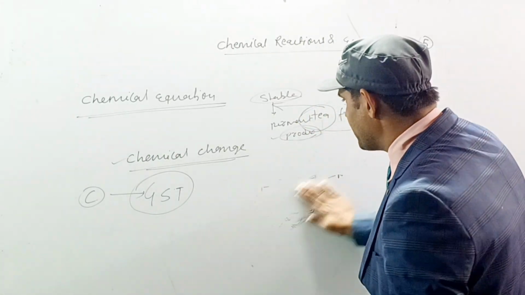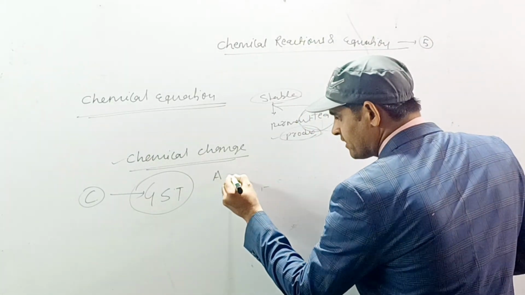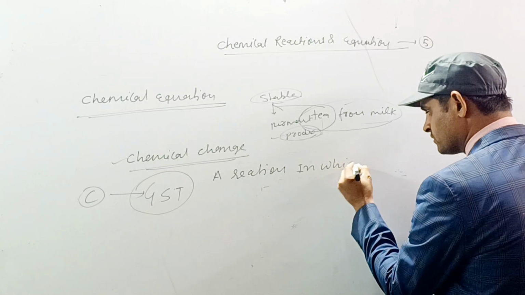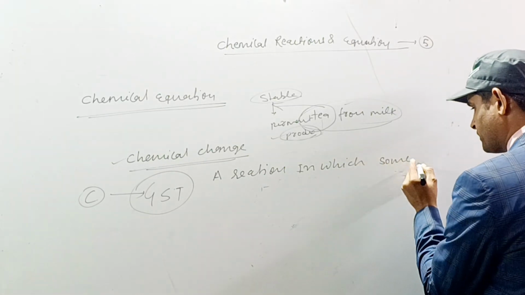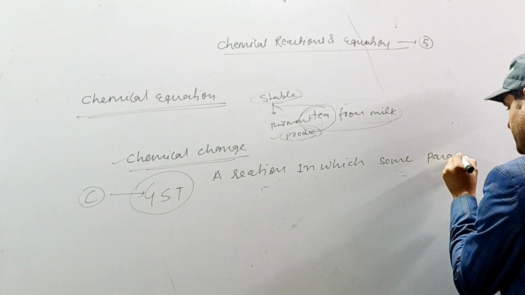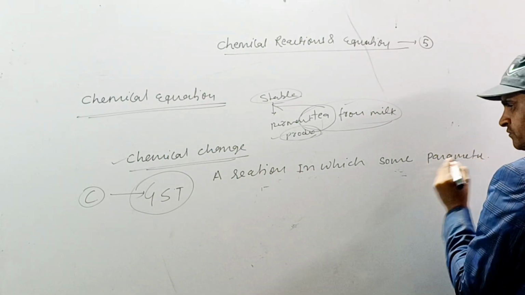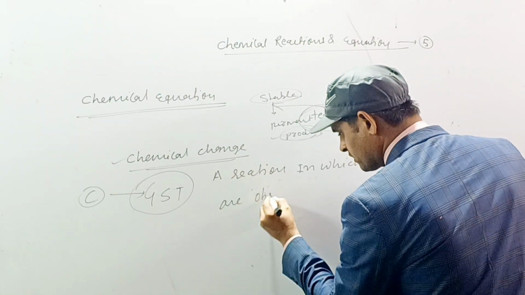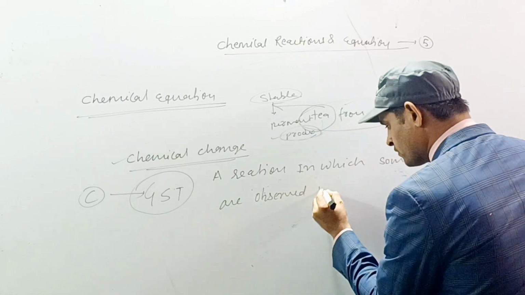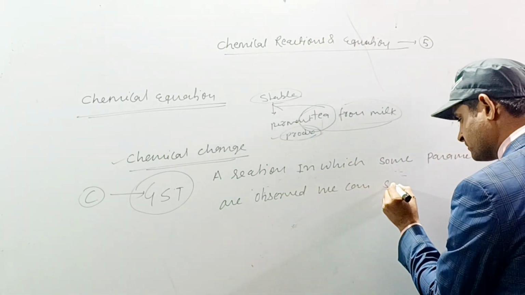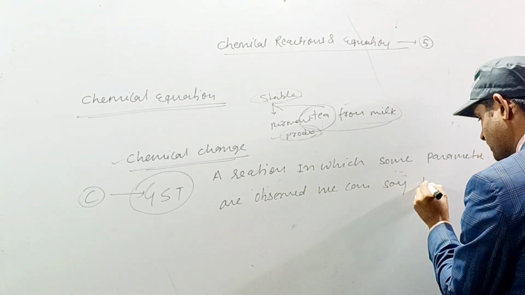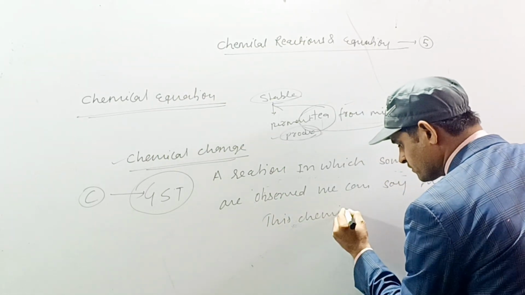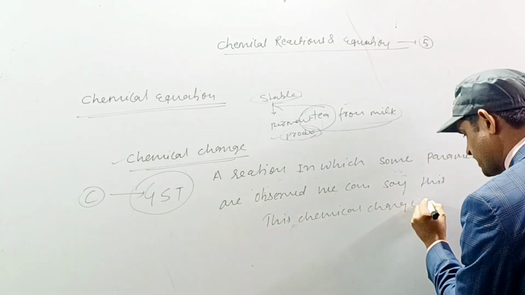In a reaction in which some of these parameters are observed, we can say this is a chemical change process.